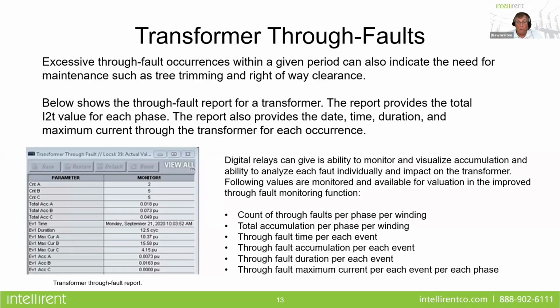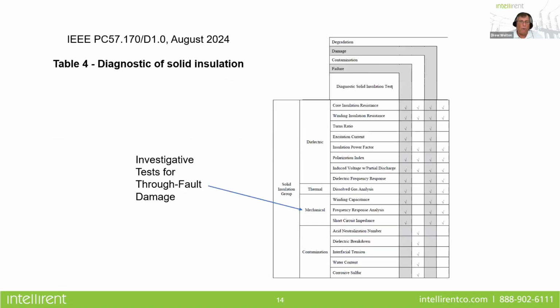The maximum current depends on what type of through fault is occurring, whether it's just a single tree branch that's momentarily there, or a pretty bad lightning strike. But all this information is provided to you in the through fault report.